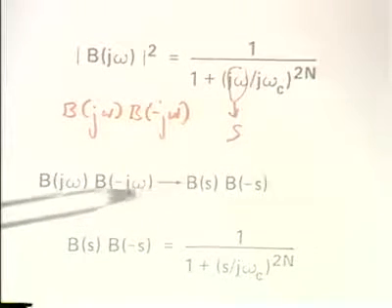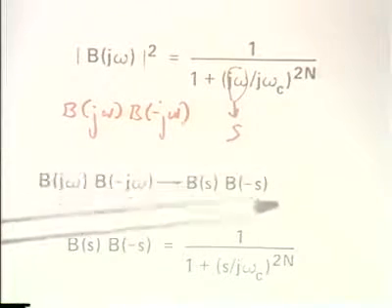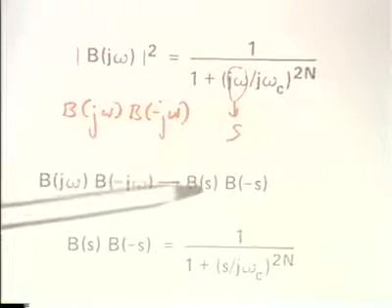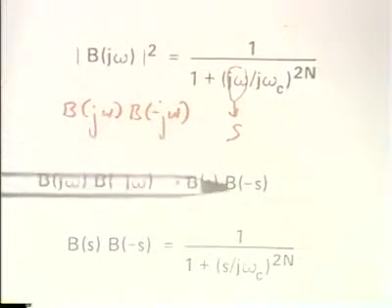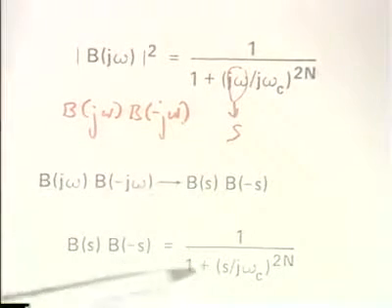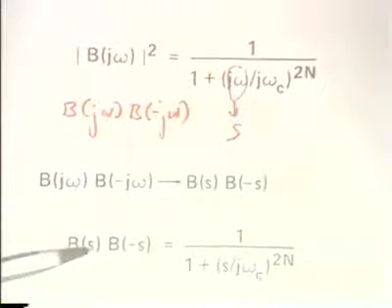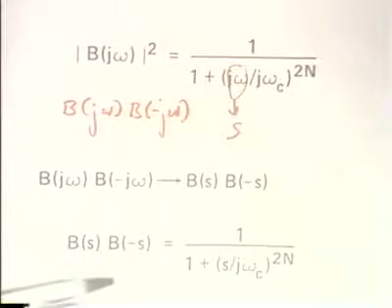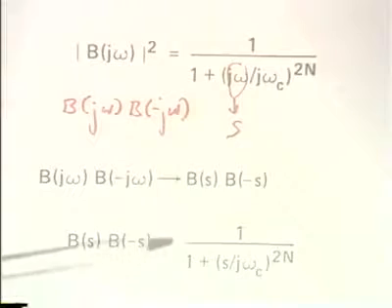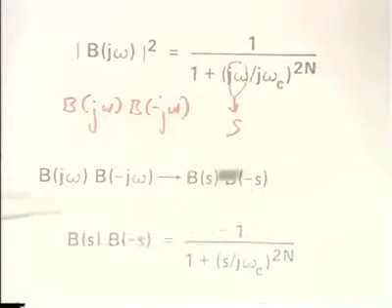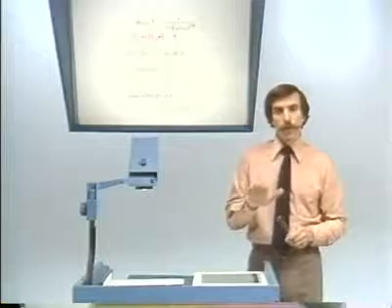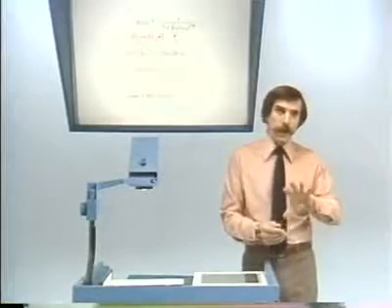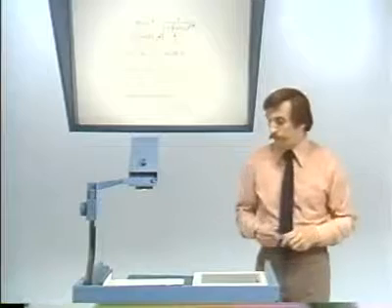More generally, then, this is the result of evaluating B of S times B of minus S at S equals j omega. Consequently, comparing this expression with this statement leads us to the conclusion that the transfer function B of S of the Butterworth filter times B of minus S is given by the expression that I indicate here, simply replacing j omega by S. Now, what we want to look at are the poles of B of S. That's what we'll want to get as we design a Butterworth filter.